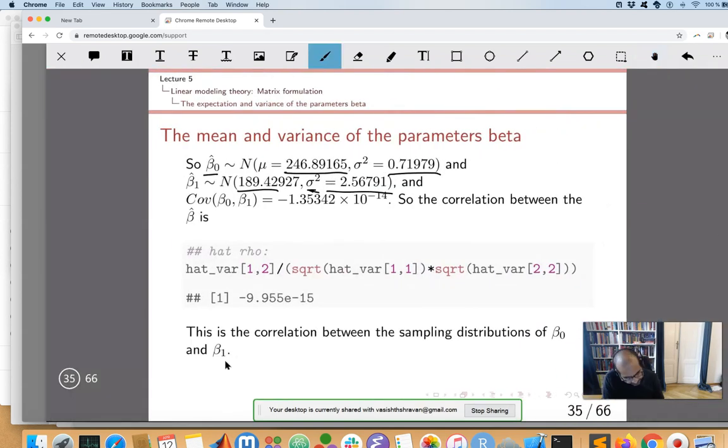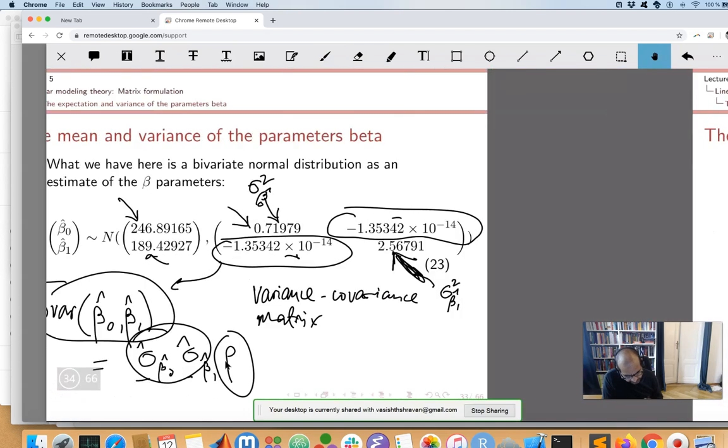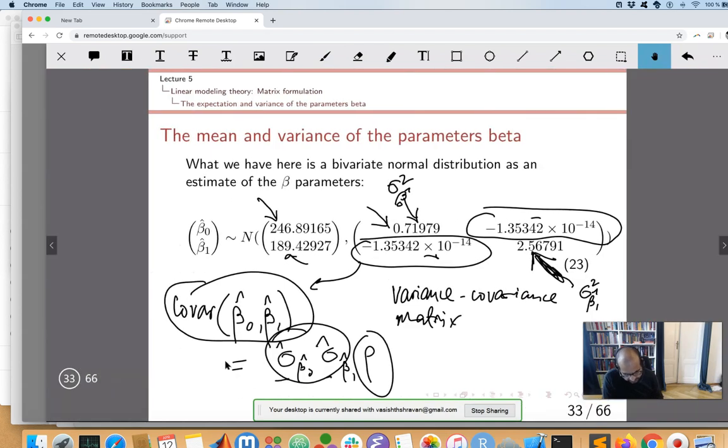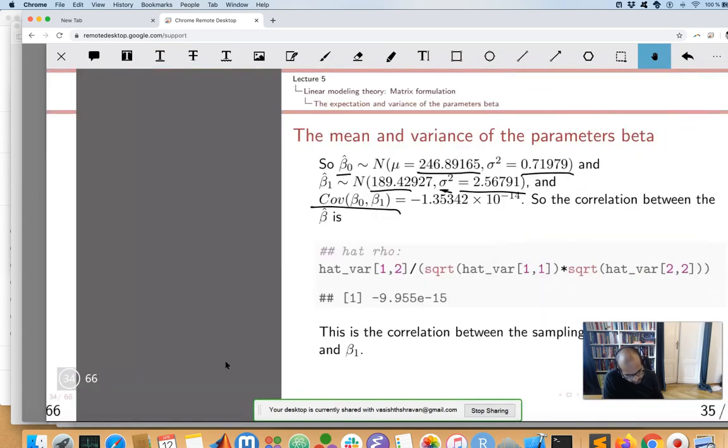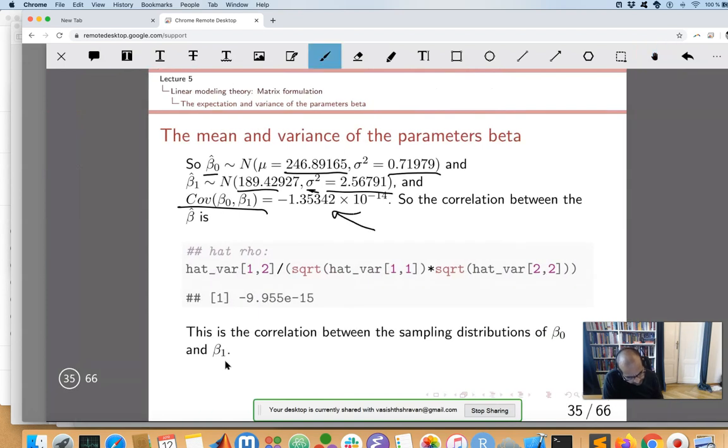Now the covariance is given to us in this variance covariance matrix, the circled parts here, and so we can use this covariance to compute the correlation between the two estimators, and the correlation is basically 0. You can see that in scientific notation this is minus 9.9 multiplied by 10 to the power of minus 15, which is close to 0.